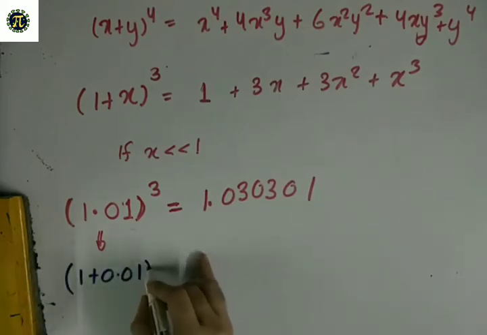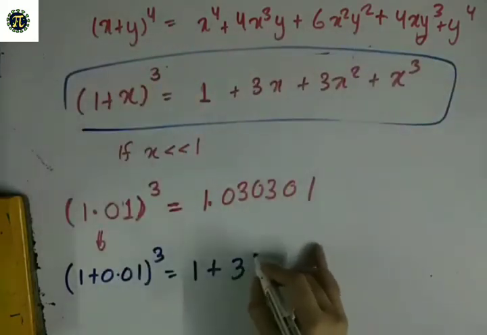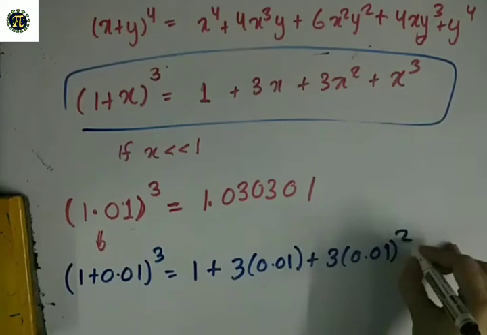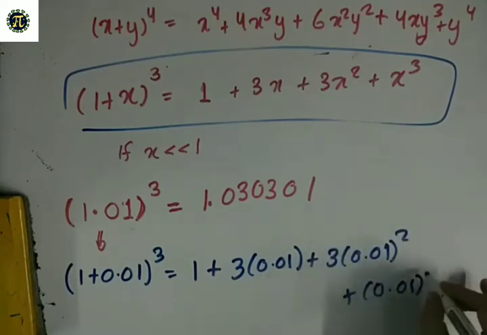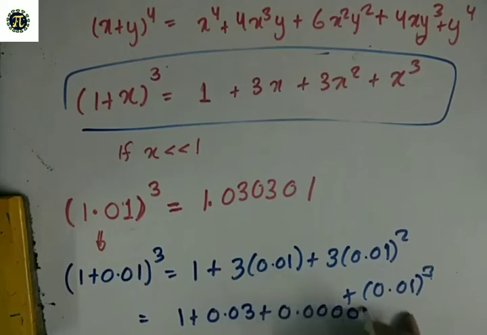1 plus 0.01 whole cube, and I will get 1. With this expansion, I can say 1 plus 3 times 0.01 plus 3 times 0.01 whole square plus 0.01 whole cube, and this is 1 plus 0.03 plus 0.000 with only three zeros and then a 3, plus 0.000001, and the answer comes out to be 1.030301.